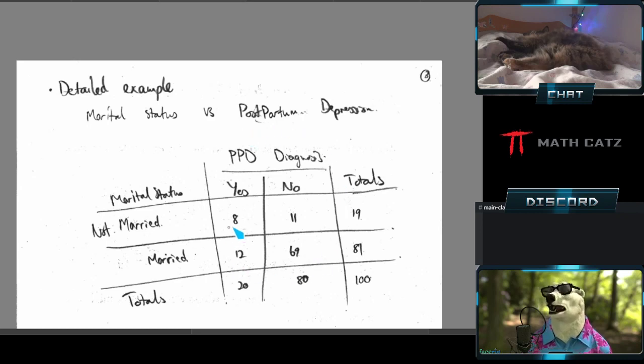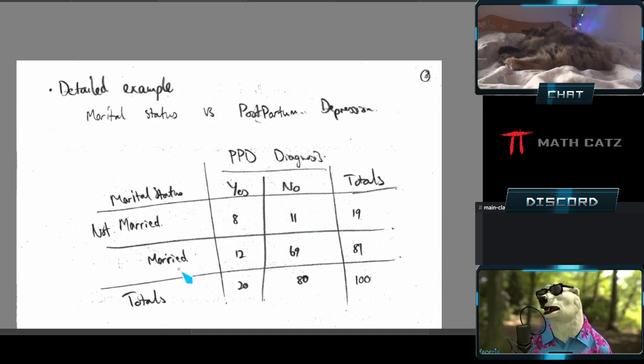So some information was collected, 100 women, and these are fictitious results, right? Under marital status, 19 were not married, and 81 were married. Among the not married, some were diagnosed with postpartum depression, some were not.